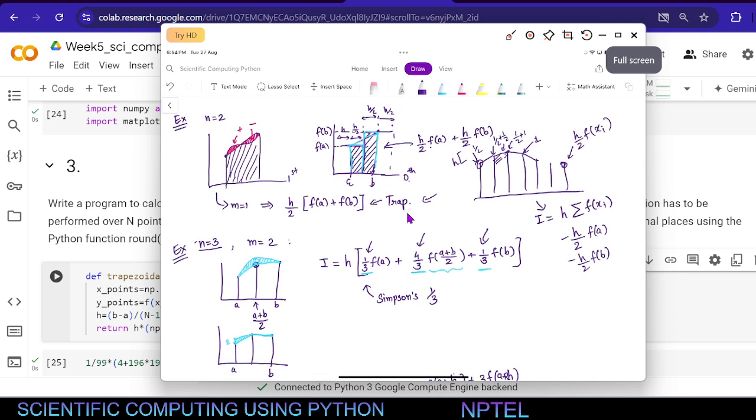Is this clear? I hope so. Right, so this is i from 0 to n minus 1, or we can write it the other way, that we have just h by 2 f of a plus h by 2 f of b, and then h times the sum, but the sum will start from i equal to 1 to n minus 2, because the endpoints are already taken care of. Both of them are the same.